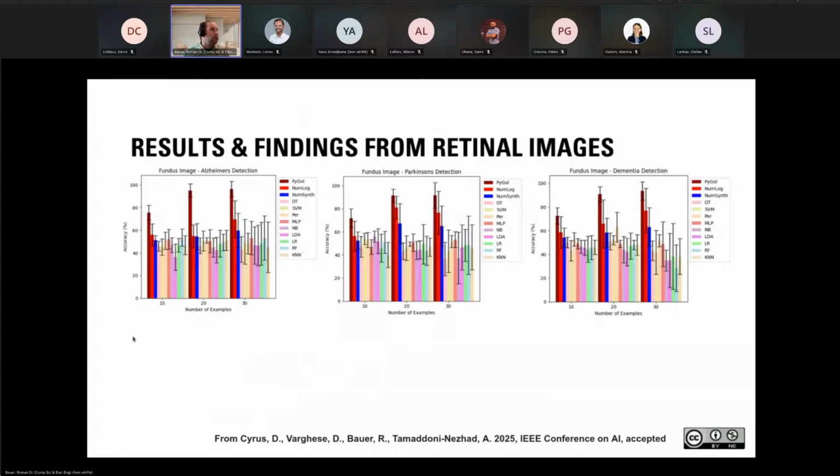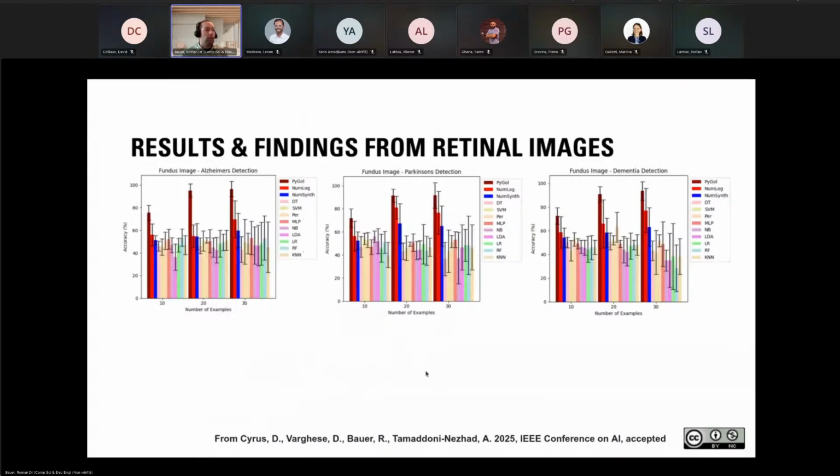And as you can see here, for the different types of tasks, we could achieve very good diagnosis accuracy for Alzheimer's detection, Parkinson's detection, as well as neurovascular dementia detection with PyGol, with this inductive logic programming method.